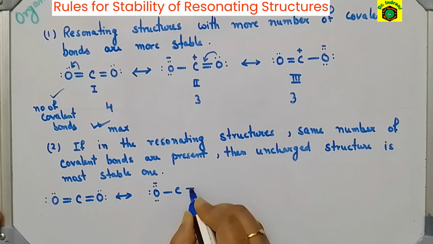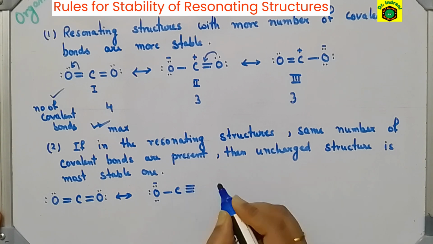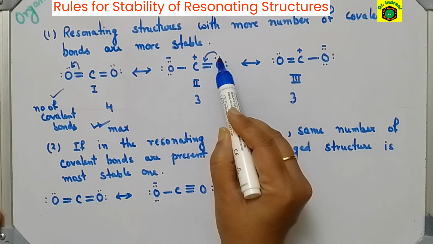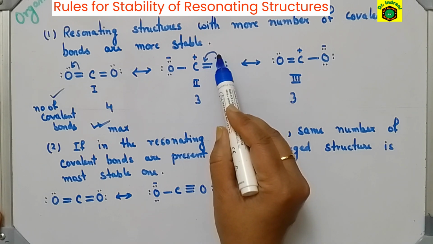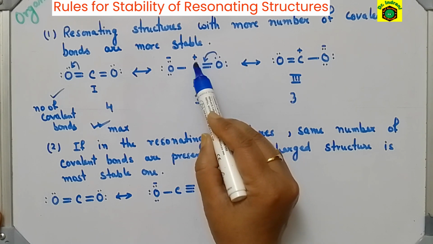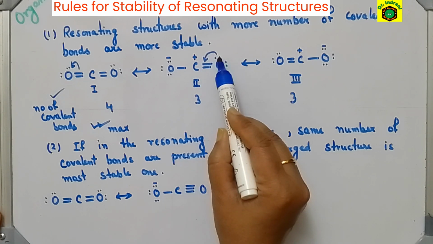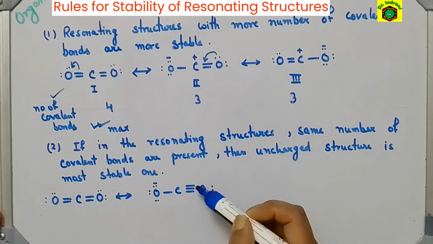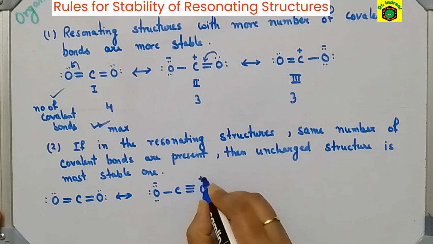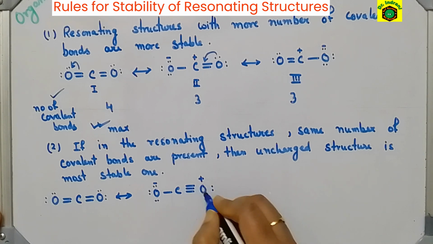So what is happening here? We are getting an extra pi bond. And since oxygen is losing, actually it is losing one electron, because one electron it is giving to that carbon and another electron it is using for this pi bond. So actually it is losing one electron, so one positive charge, or you can calculate formal charge here.